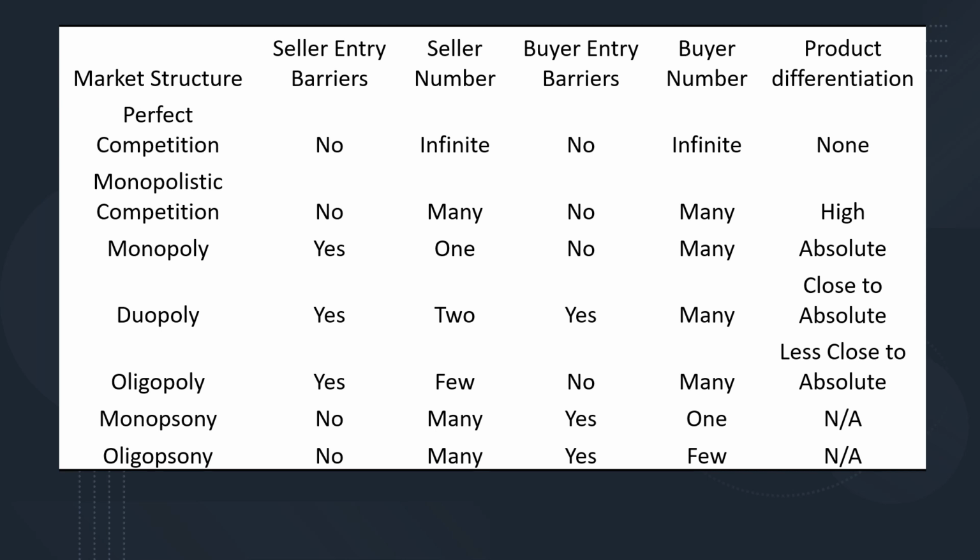And lastly, oligopsony. An oligopsony is a market structure in which a few buyers have significant market power and control over purchasing goods or services. Music industry. In the music industry, a small number of large record labels may dominate the market for music recordings, acting as oligopsonies.